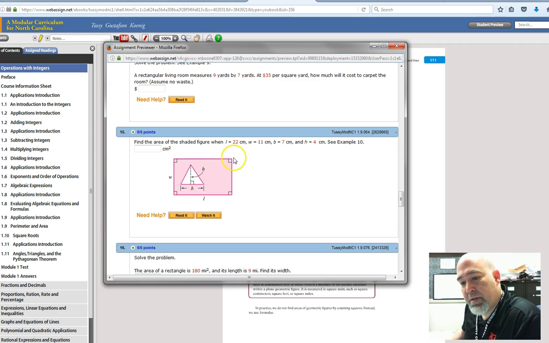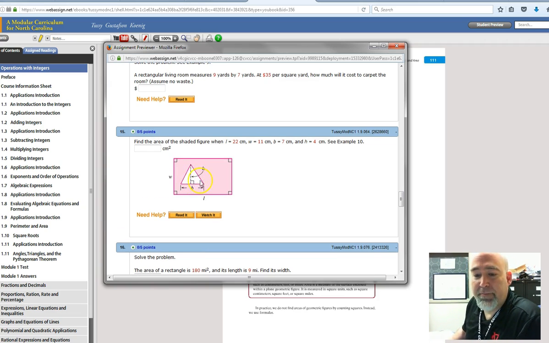So you want to find this pink area, I believe it's pink, and then we want to get rid of the white area that's in the triangle. So instead of adding this time, we'd be subtracting an area. So just make sure that if something's added to a figure, you're adding those areas. If we're getting rid of it, again, you're subtracting.